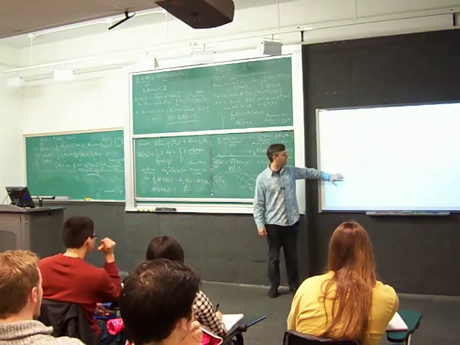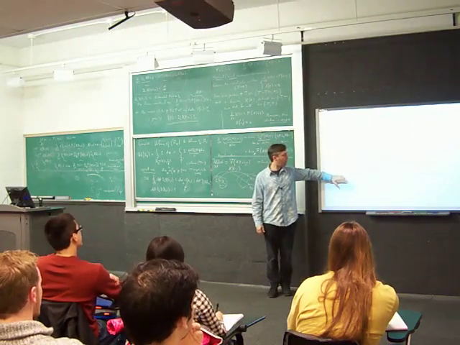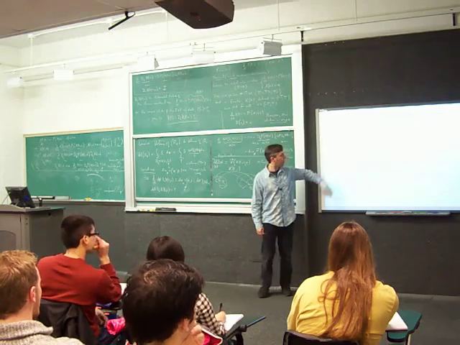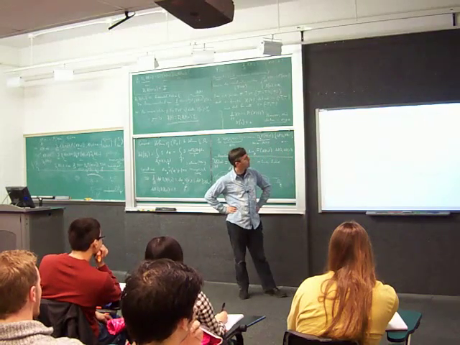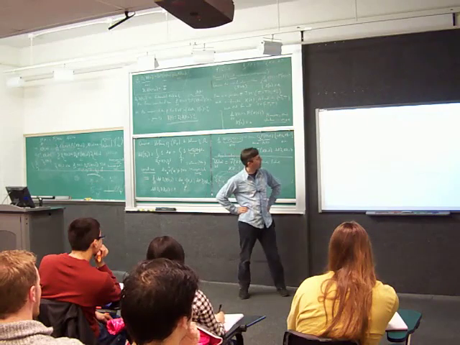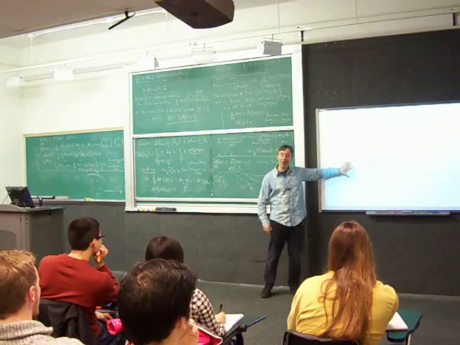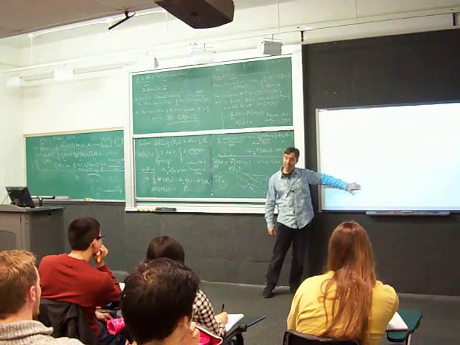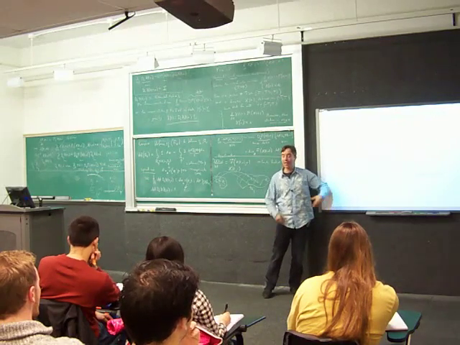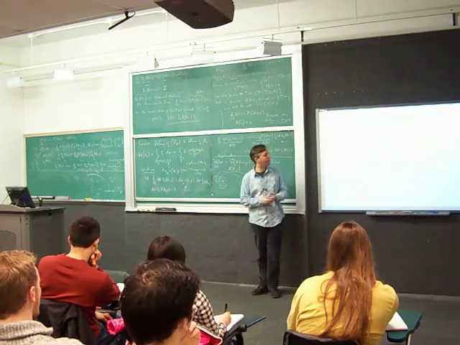The grade structure, it's different from how I remember it. Okay, the components of the class are, there's a final project. The final project is meant to be a fairly significant, large piece of work.